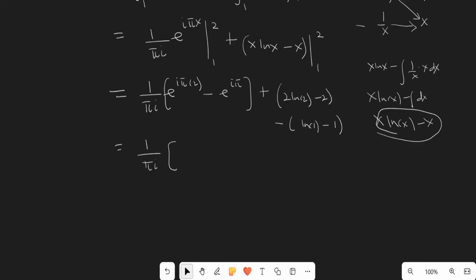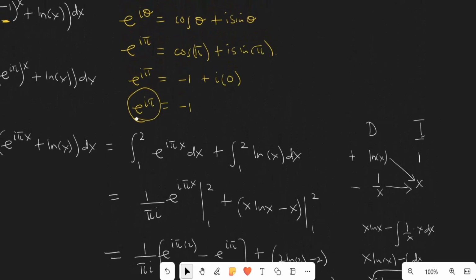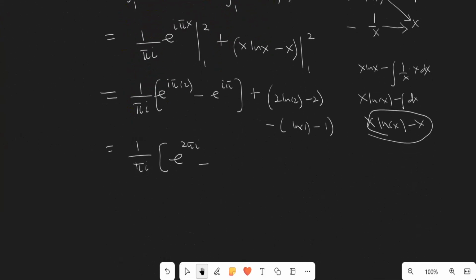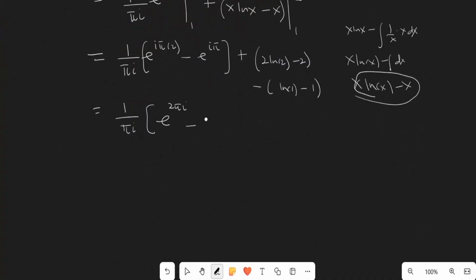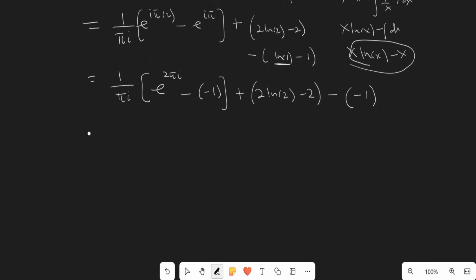This is e to the 2 pi i minus e to the pi i, that is -1 from Euler's identity. So this one is -1 plus 2 ln of 2 minus 2, minus the lower limit, ln of 1 is 0, and then we have minus 1.